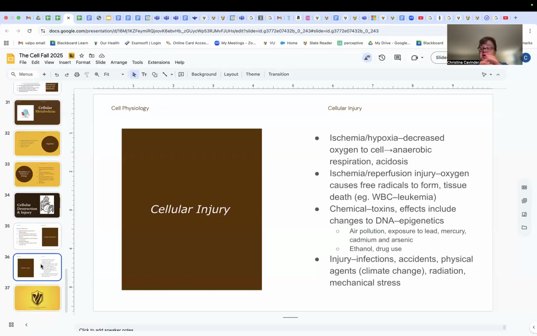Some of those are air pollution, exposure to lead, mercury, cadmium, arsenic, or even drug use or ethanol. And then, of course, injury can cause injury to the tissue. So we have infections, accidents, physical agents, such as climate changes, radiation, or mechanical stress.